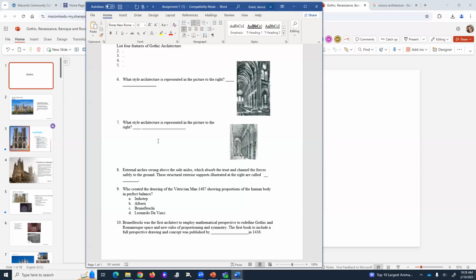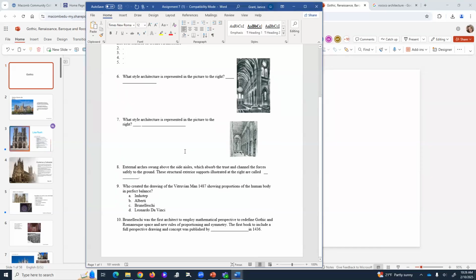So number 7 is Romanesque, but I put it in there, although we're not talking about Romanesque. It's from the past and it kind of compares. I wanted to put the two next to each other to really see the massive walls and the ceiling and everything else that's different.